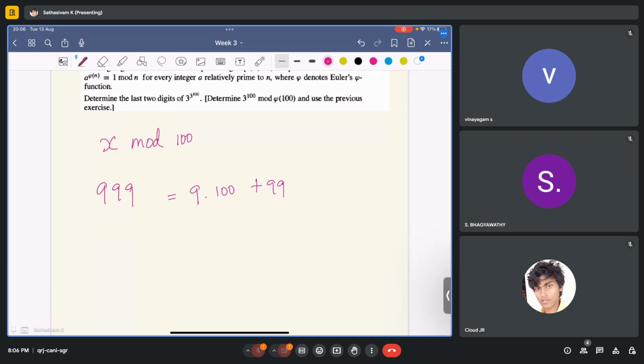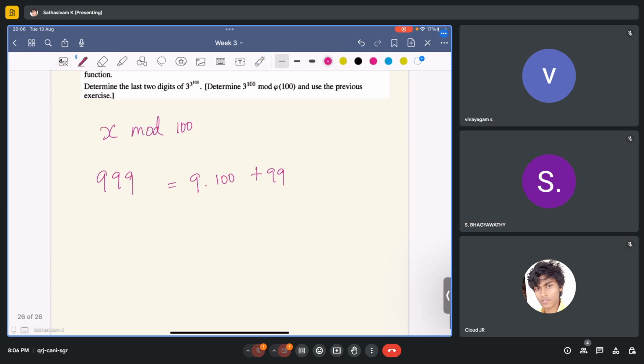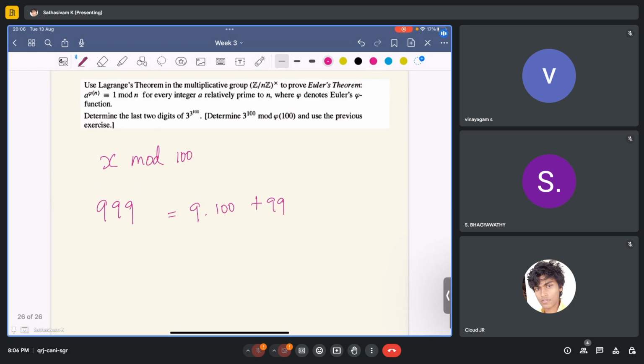If they say last 3 digits, you go mod 1000, and for the last digit you go mod 10. So what you want to find is 3 to the power 100 congruent to what, mod 100.